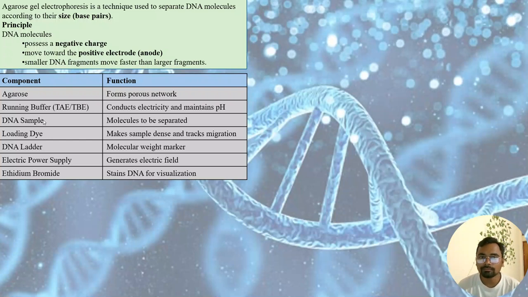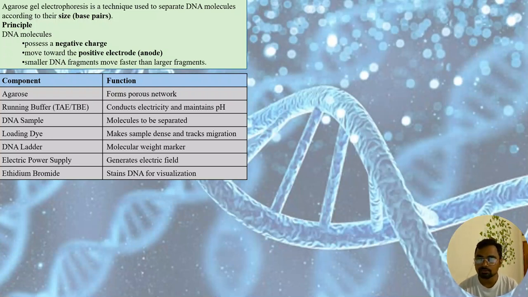Then we have the DNA samples, the molecules to be separated. The DNA sample is compulsory, otherwise what would you analyze during this process? Then the loading dye is also very important, so that we can easily track how far our DNA has migrated from the initial point.